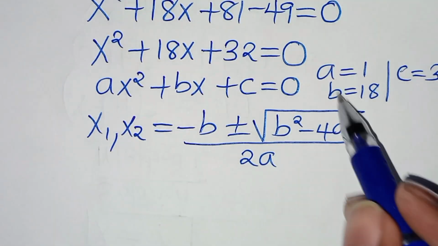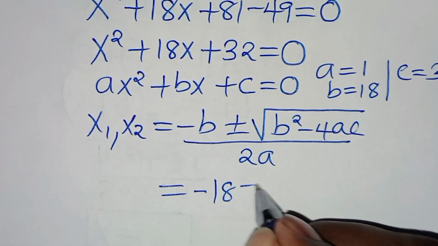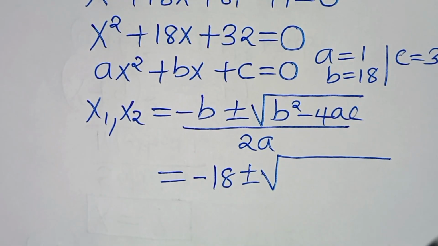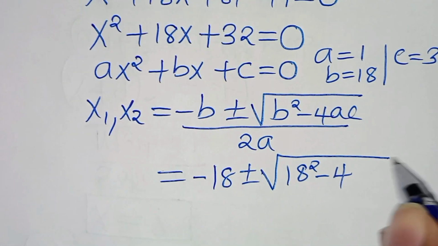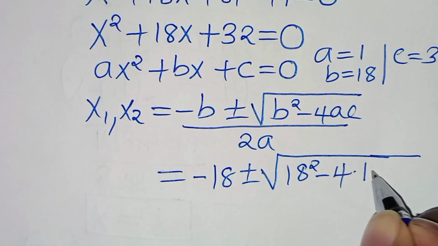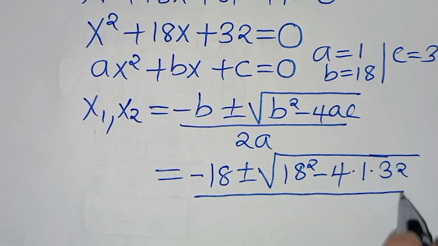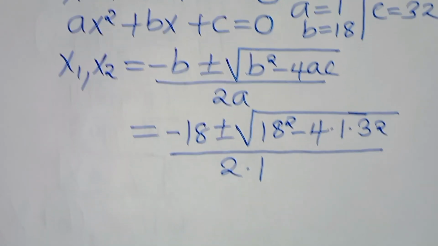Substituting these values, we have -18 plus or minus the square root of 18^2 - 4 times 1 times 32, everything divided by 2 times 1.